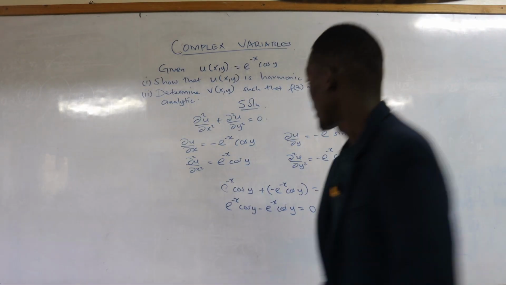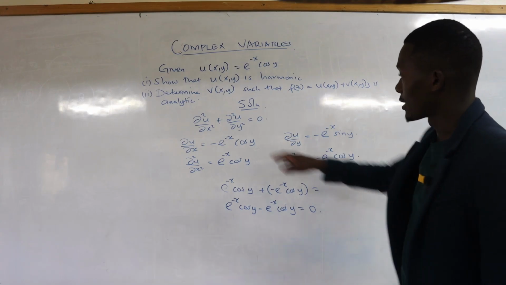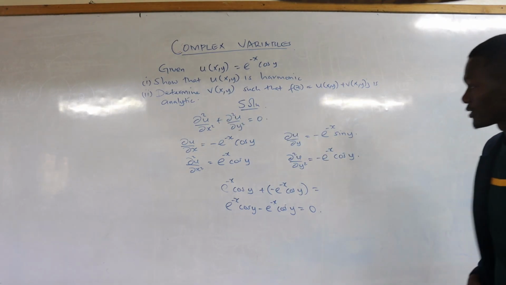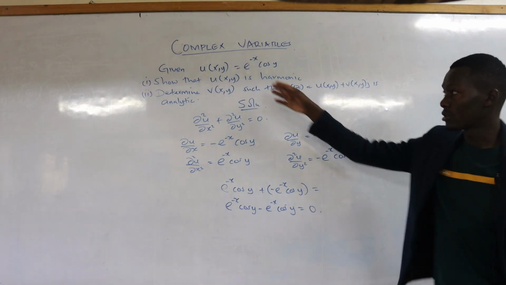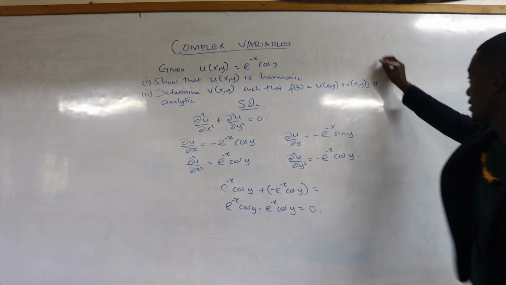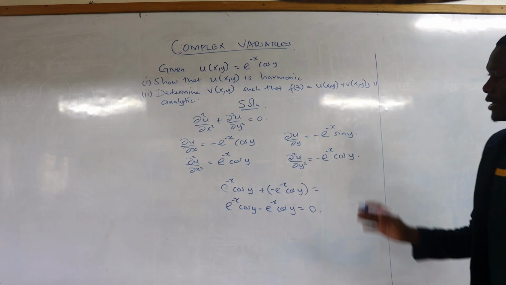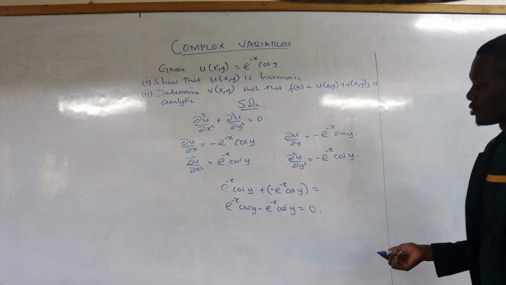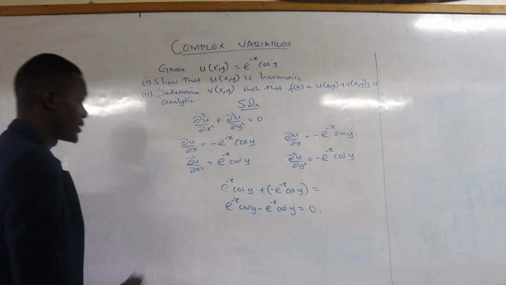Now let's get to the second part. You're supposed to find the function v, that is the imaginary part of the function, so that taking your u and your v, the whole function becomes analytic. For that, we have two properties that must be fulfilled for a function to be analytic.